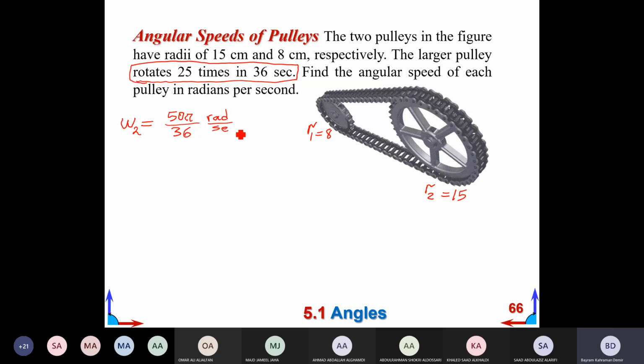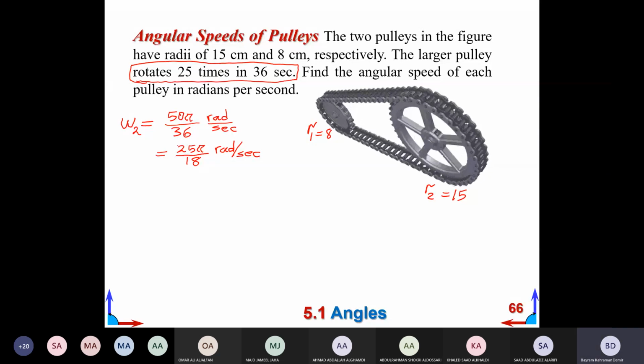Let's simplify, Shabab. Divide by 2. 25 over 18 radian per second. Find the angular speed of each pulley.